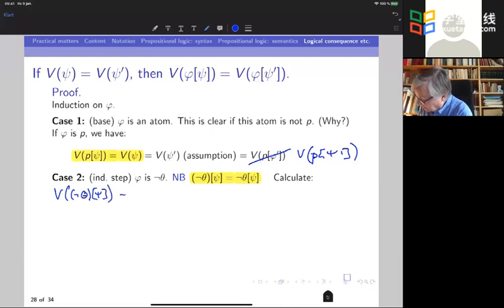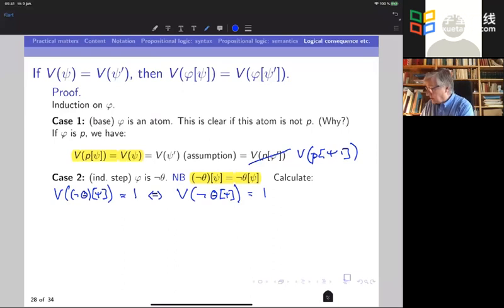Okay, this is equal to 1 if and only if, now we use this fact that I just mentioned, V of not theta square brackets psi equals 1, because those are the same formulas.